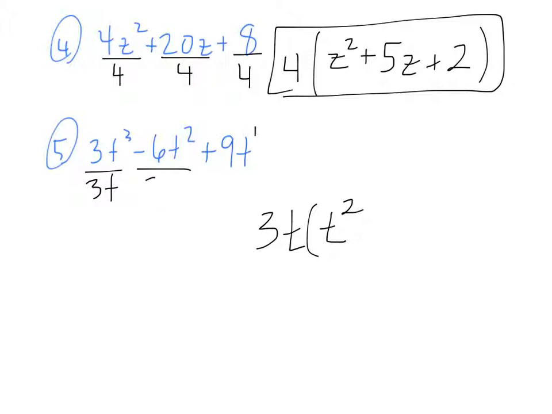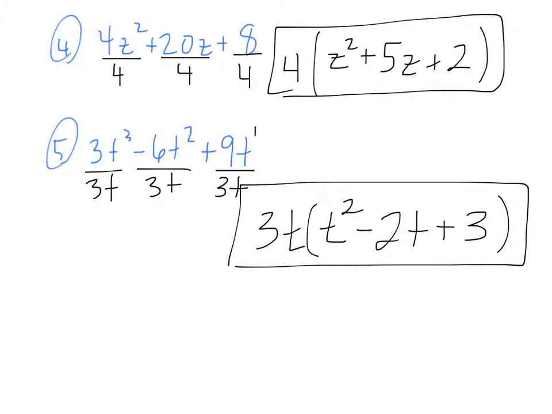Middle term divided by 3t: you have negative 6 over 3, so you will have minus 2. 2 t's on top, 1 t on the bottom will reduce to 1. And if I take a 3t from 9t, I'm left with the number 3. And we're done.